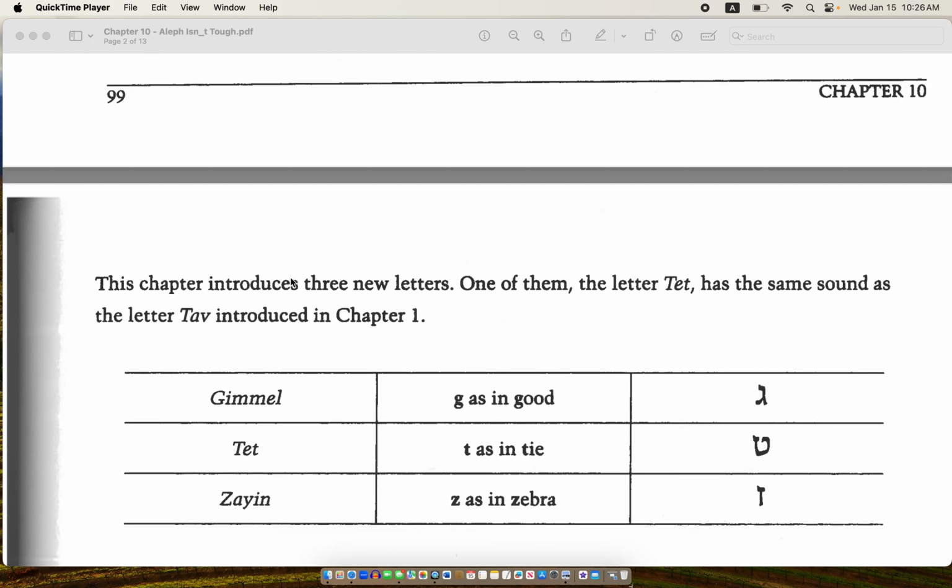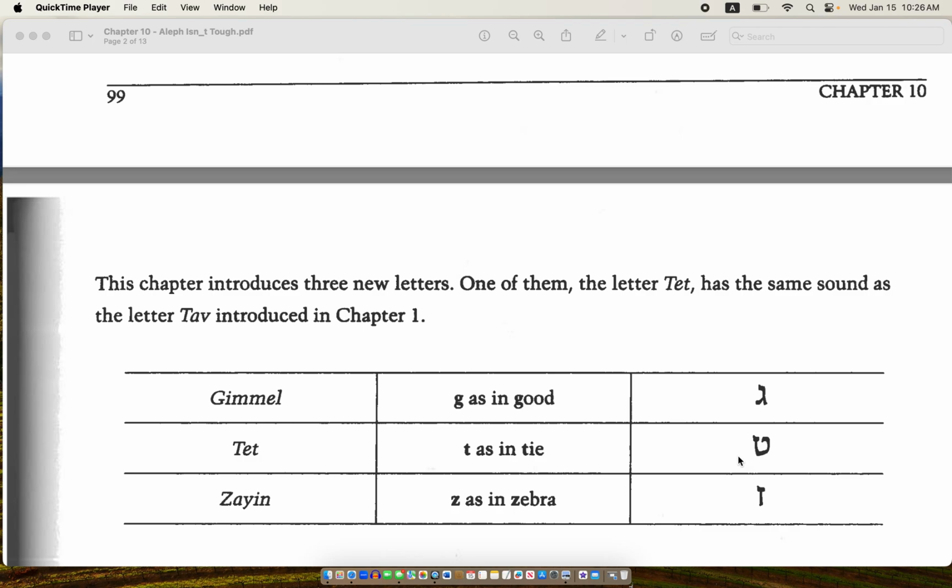So our 3 new letters. Gimel, the 3rd letter in the Aleph Bet, just a G sound. We've learned the letter Tav in the very first chapter of the book. That's the last letter of the Aleph Bet. This is Tet, which is often confused for the letter Tav, just on name, not sound, because it's the same sound.